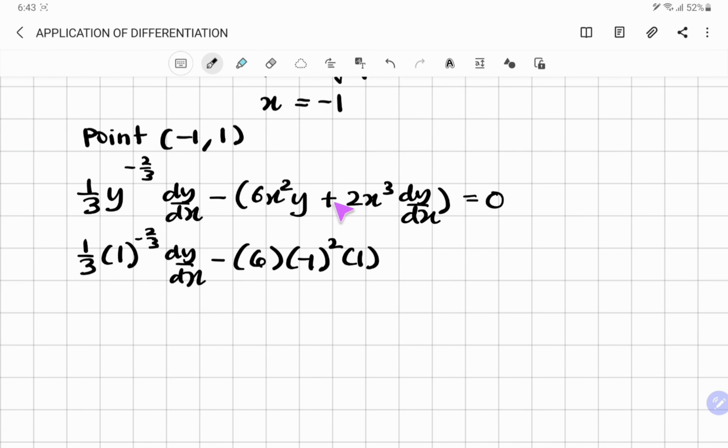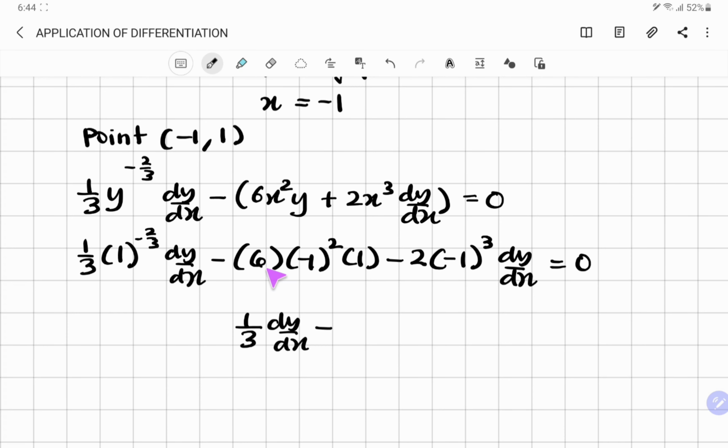Negative times positive is negative. 2 times negative 1 to the power of 3 dy/dx equals 0. 1 over 3 times 1 to the power of negative 2 over 3 dy/dx is 1 over 3 dy/dx.